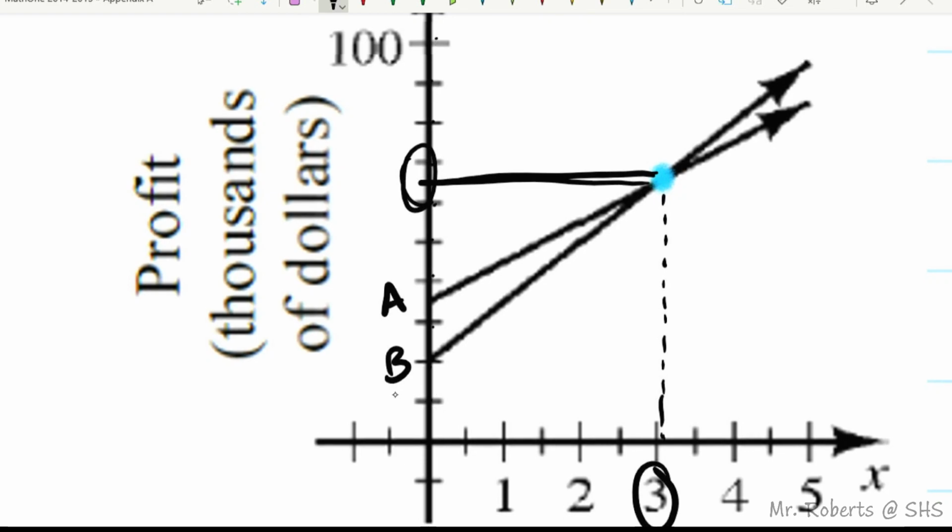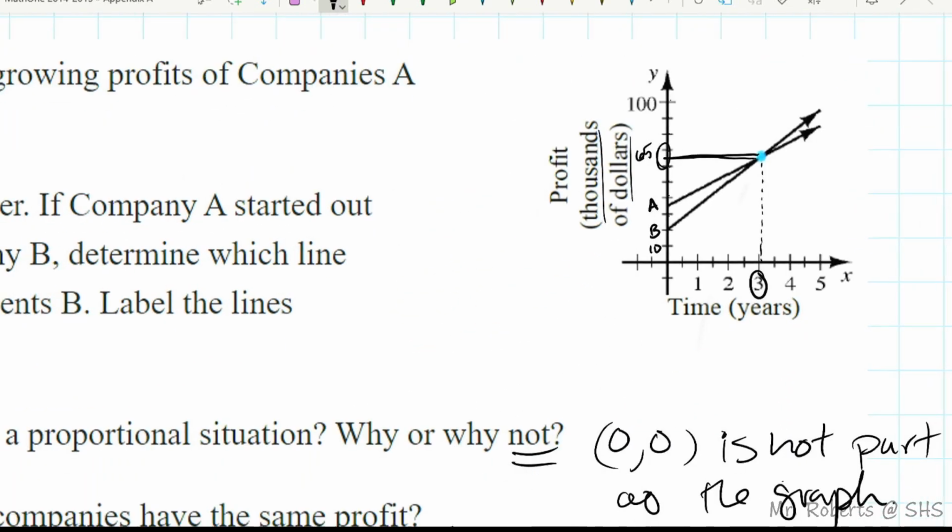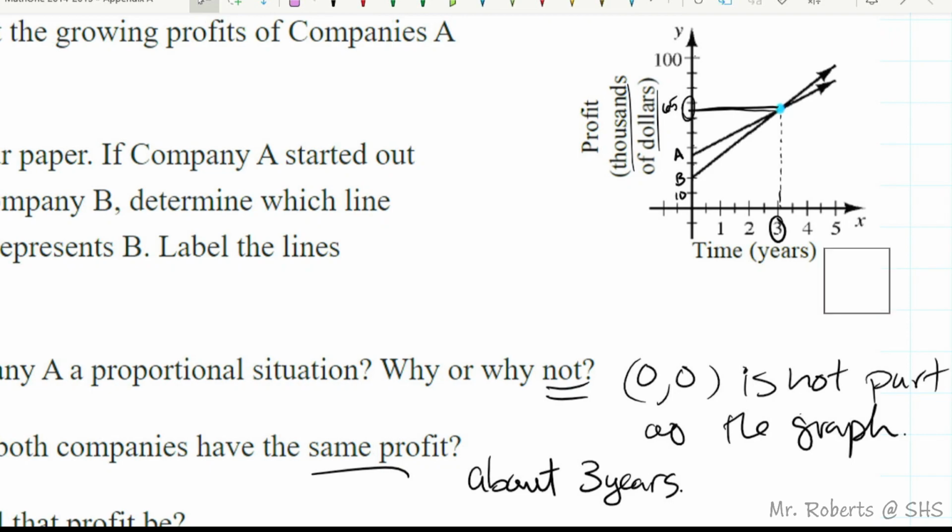So each one of these is 10, and they're in thousands of dollars. Profits in thousands of dollars. These are small companies, right? So I'd say 10, 20, 30, 40, 50, 60, about $65,000, I'm guessing, somewhere between 60 and 70.